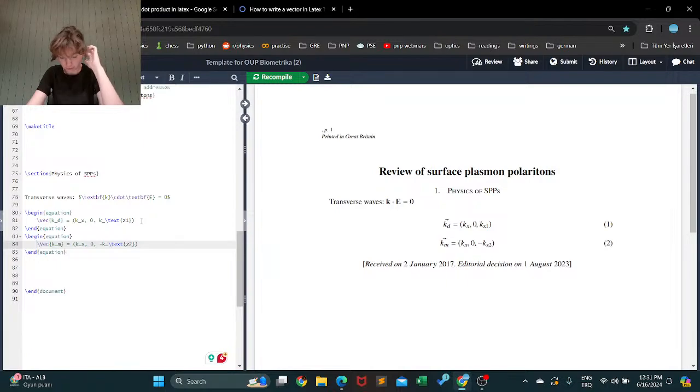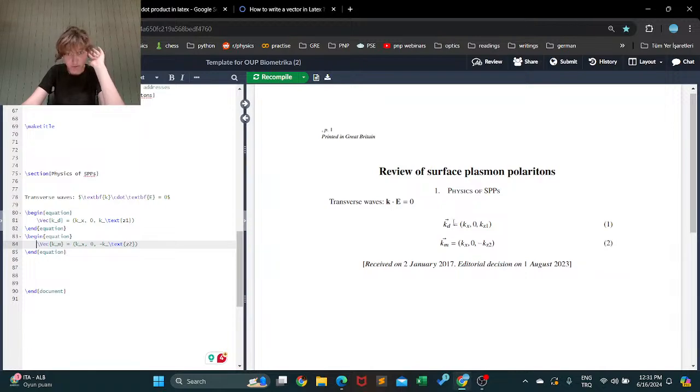These are the conditions to have a surface plasmon. So D right here represents the wave vector in the dielectric.